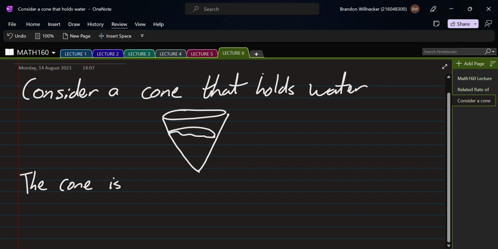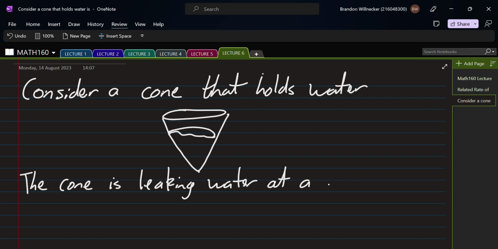The cone is leaking water at a rate of 1 centimeter cubed per second. So the water is leaking out of this cone. Maybe we've got a hole here and the water's coming out. So as the water comes out, we know that the water line, this level here, is going to go down.